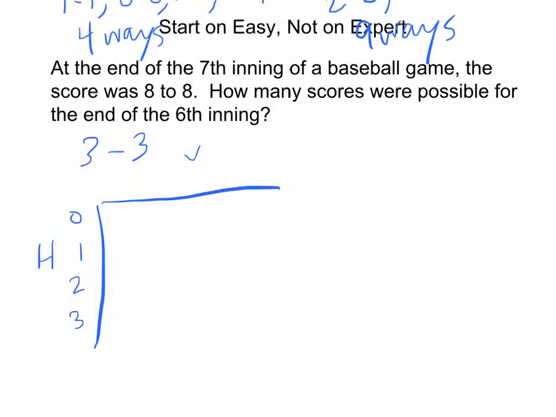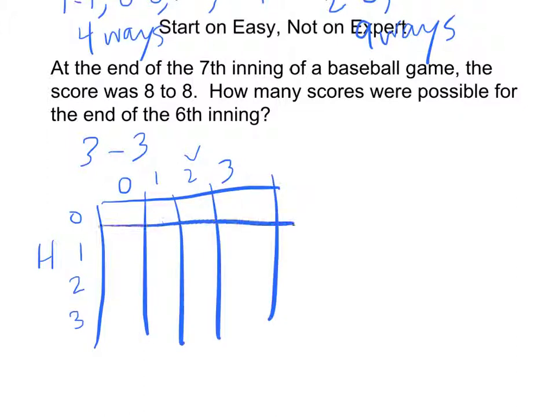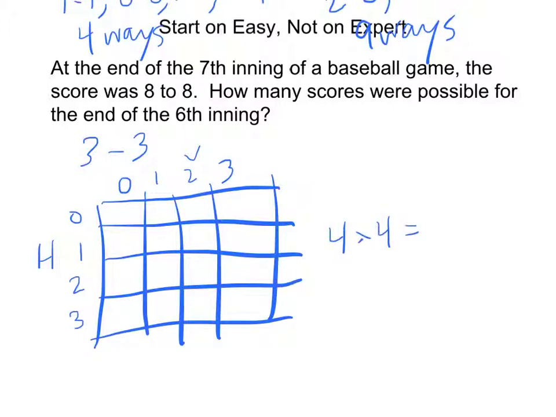The visiting team could have a score of 0, 1, 2, or 3. And every possible score in that game has got to be a combination of one of the home scores and one of the visiting scores. And we notice that since there's 4 possible scores for each, 0, 1, 2, and 3, we end up with 4 times 4, which is 16 ways.